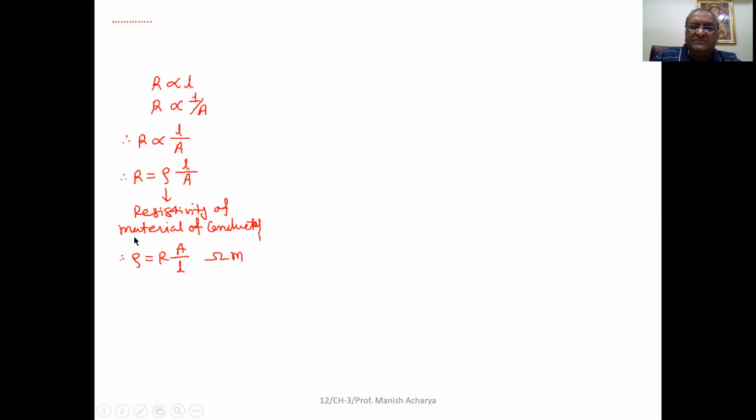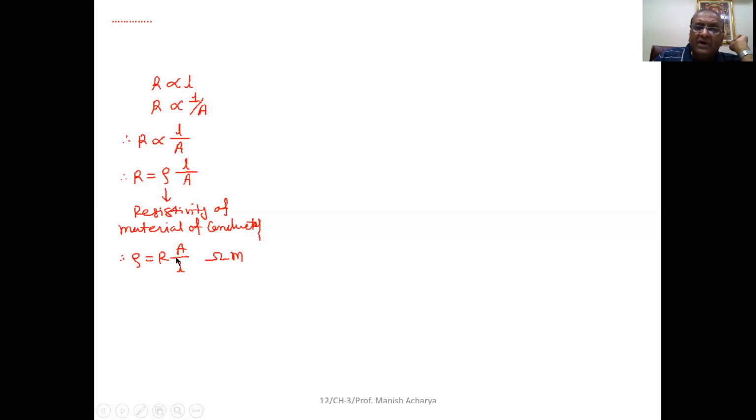And now from this equation, you can also define resistivity. Suppose we have a conductor having unit cross-sectional area. Then we take A equal to 1 unit.